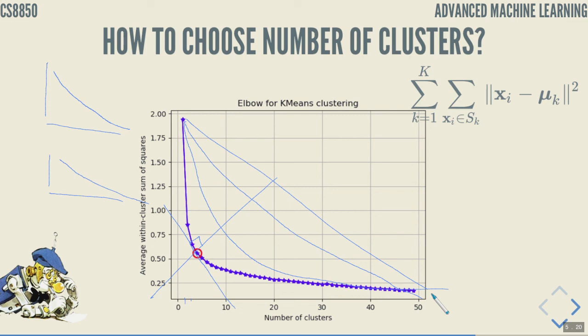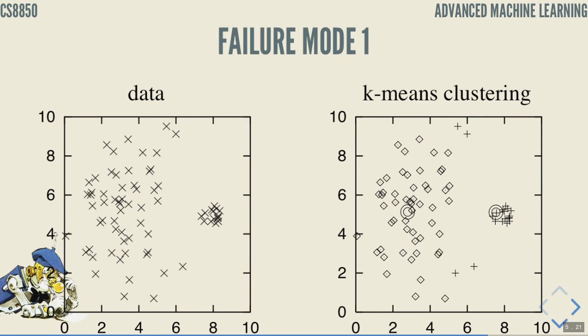Let's consider a couple of failure modes of k-means. One failure mode is when we have a dense lump of the data, lots and lots of very similar objects, and then we have a large diverse cluster that is kind of non-circular. When this situation arises, we are able to estimate the smaller cluster, but because all we care about is equidistance, some unrelated points get assigned to this cluster.